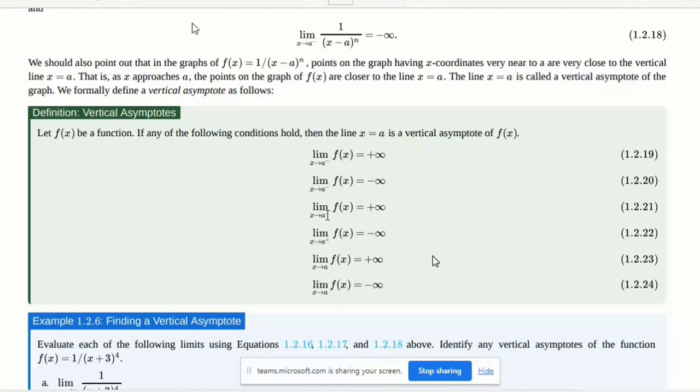The limit of f of x as x approaches a from the right is positive infinity. The limit as x approaches a from the left is negative infinity.